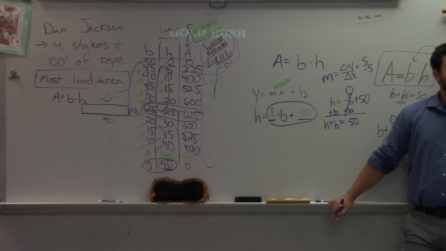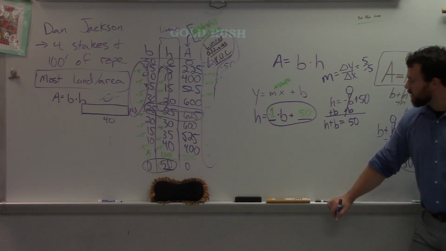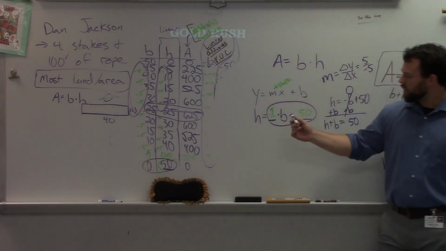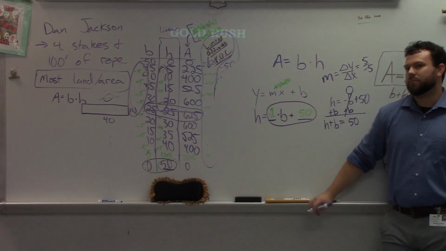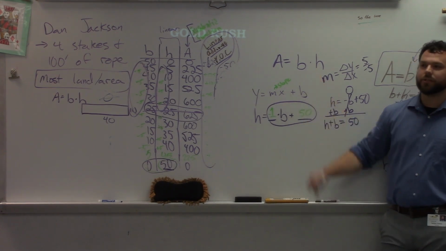Wait. No, not multiply. Can you divide? That means I want you to keep thinking. Okay? Let me point this out. This negative 1b plus 50 is equal to h. So what can I do with this equation?